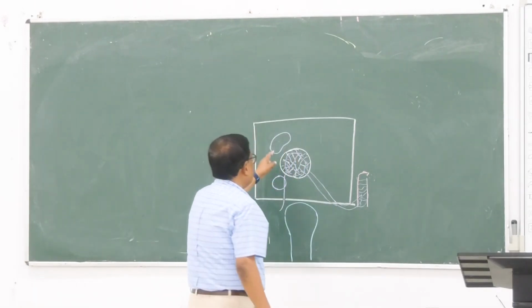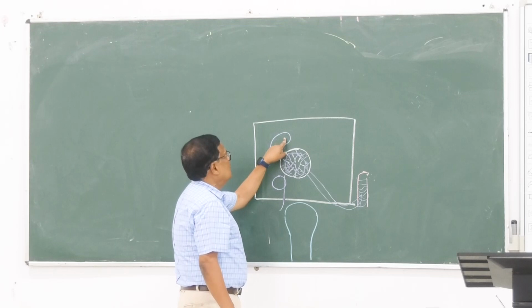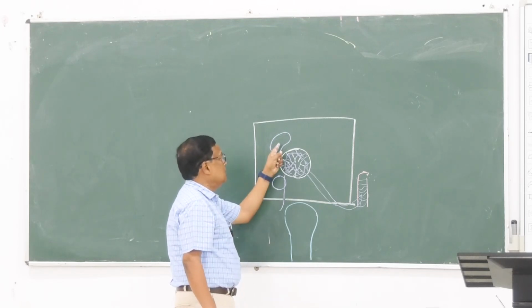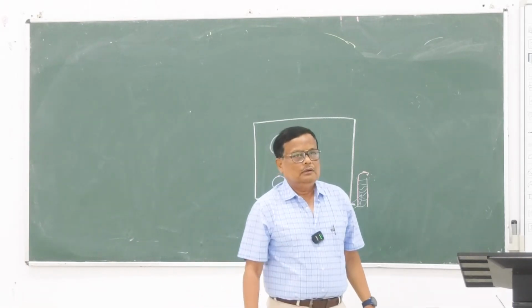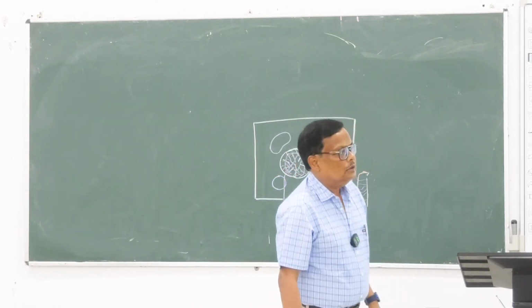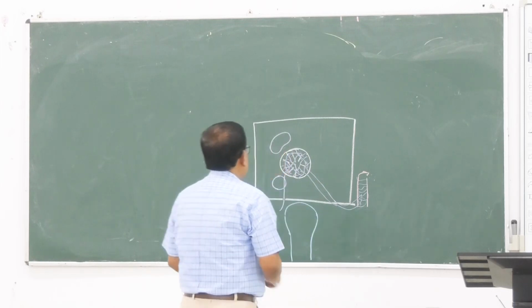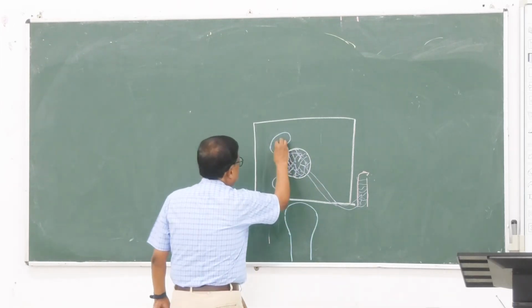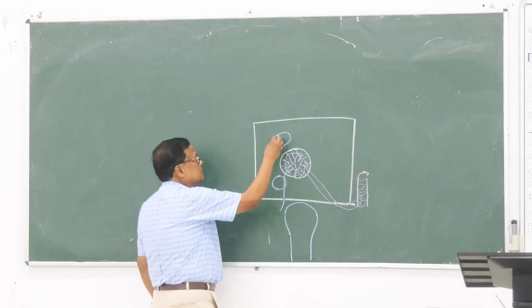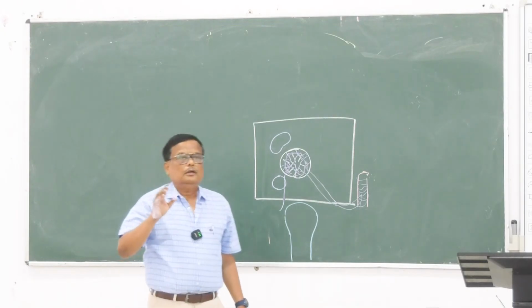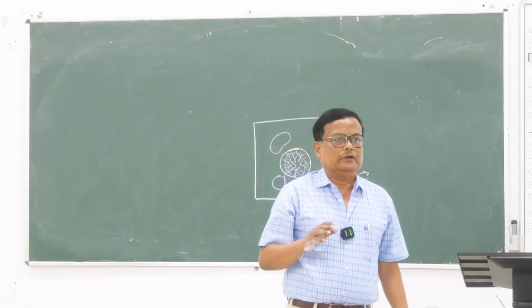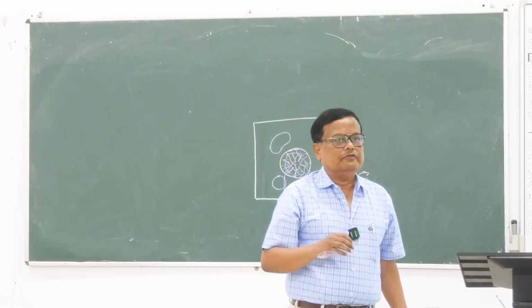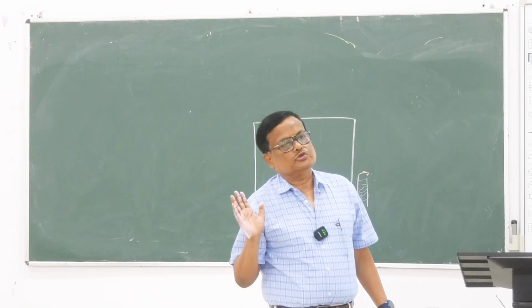The oval window and round window are present in the lateral wall. Though they are windows, there must be a hole. In a dead body, holes are present, but in living condition, when the person is alive, both the windows are closed.